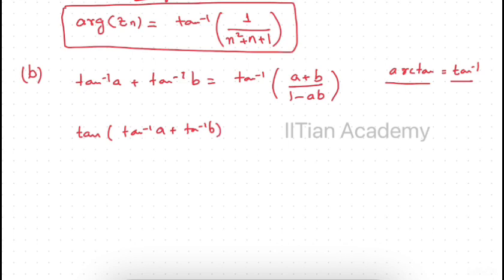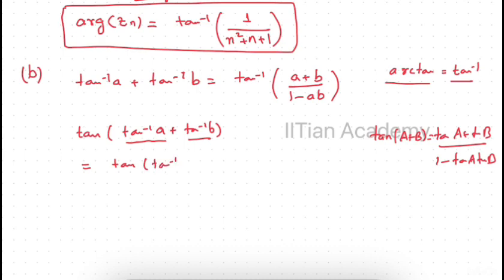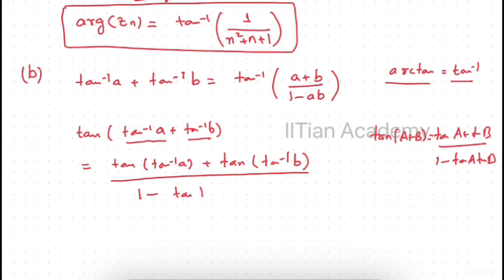We know tan of (A plus B) is (tan A plus tan B) divided by (1 minus tan A tan B). So these are essentially two angles. We start with tan of (tan inverse A plus tan inverse B). So it will come out to be tan of tan inverse A plus tan of tan inverse B, divided by 1 minus tan of tan inverse A into tan of tan inverse B.